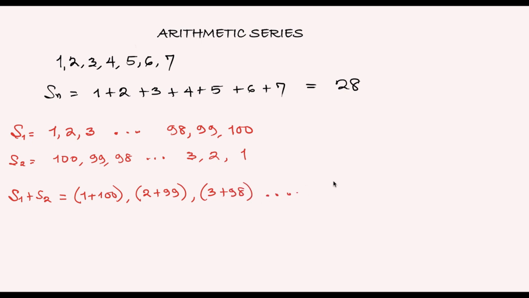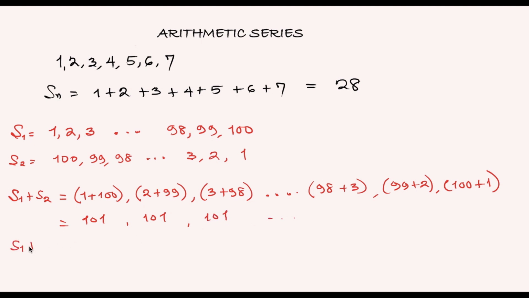And we'll do that up until we have 98 plus 3, 99 plus 2, and finally we have 100 plus 1. So essentially we're going to be having 101 because 1 plus 100 is 101, 2 plus 99 is 101. So we're going to have 101, 101, 101. So S1 plus S2 is simply equal to 101 in 100 places.